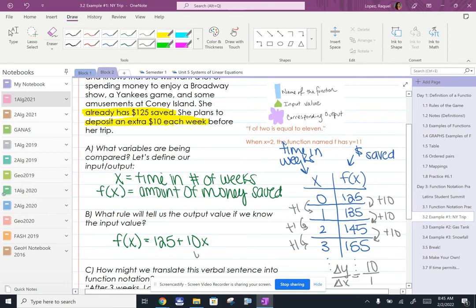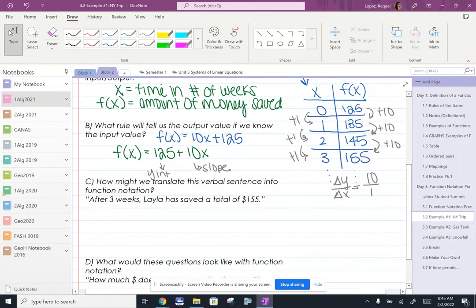So that's where that 10 comes from. That represents our slope. The 125 represents our y-intercept, because the y-intercept is when x equals 0, and we've got our y-intercept here. So we can write the equation just like the way we wrote it in green, or we can also express it as f of x equals 10x plus 125.